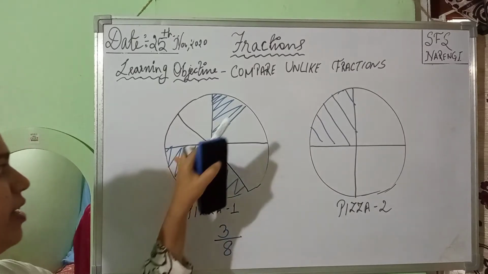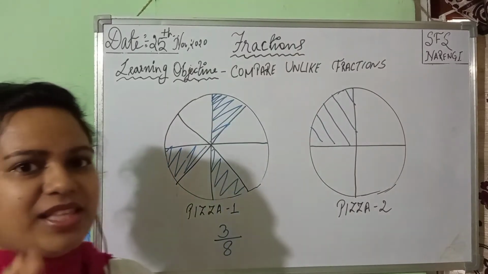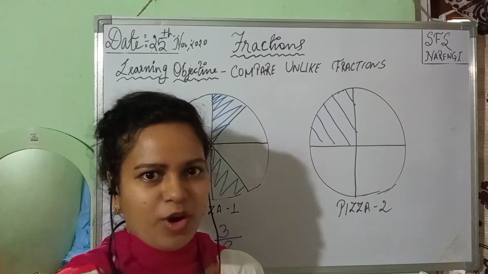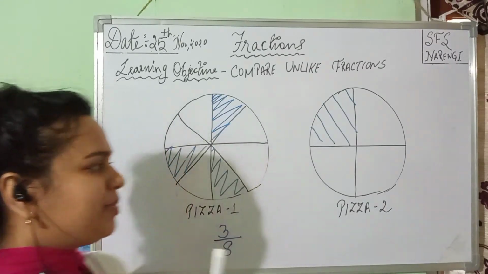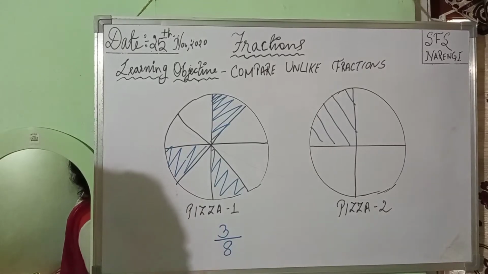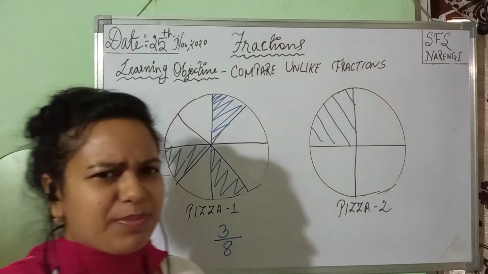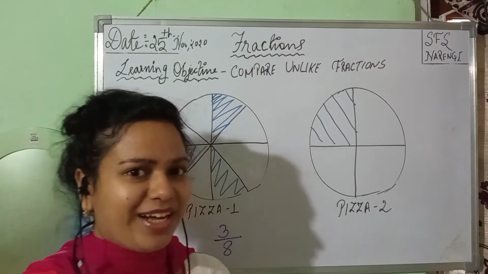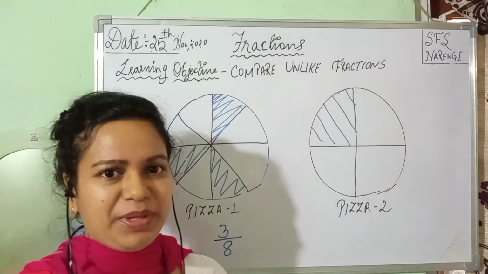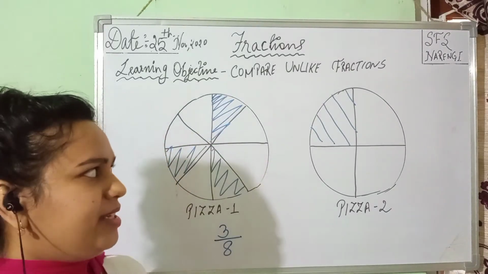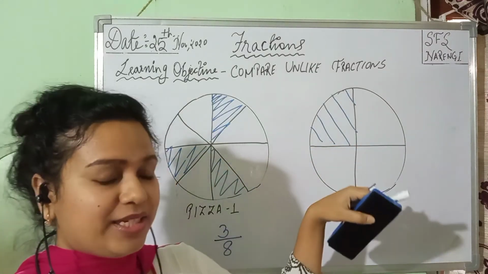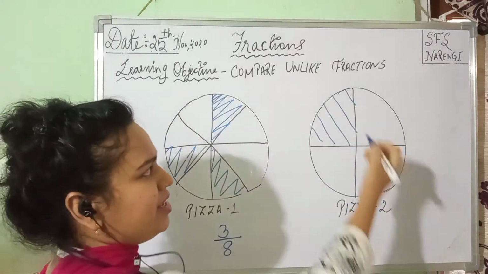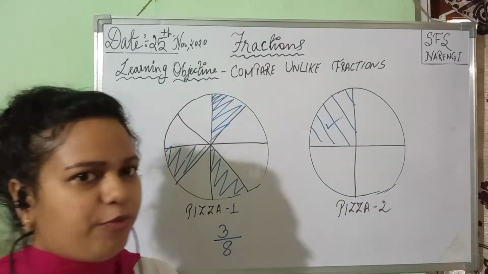Okay. So the area shaded blue is the amount of pizza I ate. Alright. So what is the fraction of the pizza that I ate? It is 3 by 8. Alright. Suppose I have a brother, and my brother also likes pizza. What he does is, he divides the pizza into 4 parts, okay, into quarters. And then he eats only 1 part of the 4 parts.